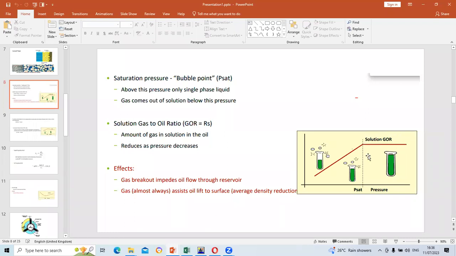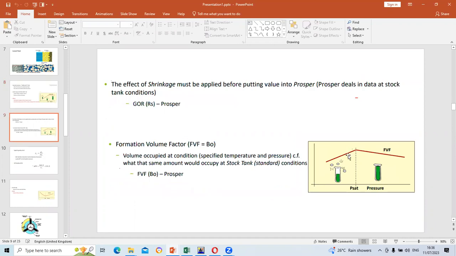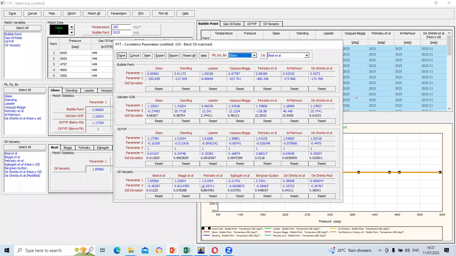So it will not really change that much in this area, but it will change in this area. So parameter 1 and 2 is okay to define the correlation. But for this, we may use parameter 1 and 2 to define this region. Then you use parameter 2 and 3 to define this region. So we have two separate areas that are well defined, separated by our bubble point. That's the reason why for oil formation volume factor, you have 4 parameters.